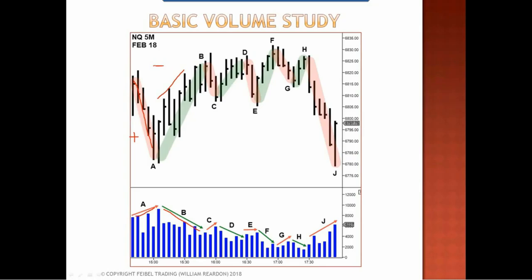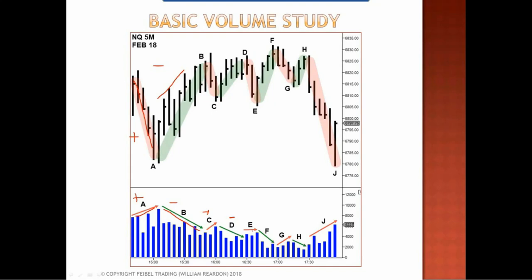So poor buying. We react from B to C. What do we notice? Volume increases. So this is positive. That's positive. Then C to D. Again, volume decreases. So it's negative. Then D to E. What do we notice here?